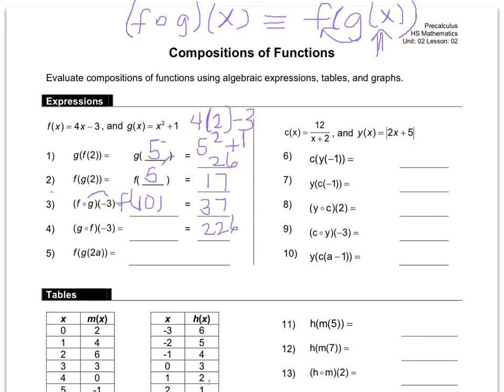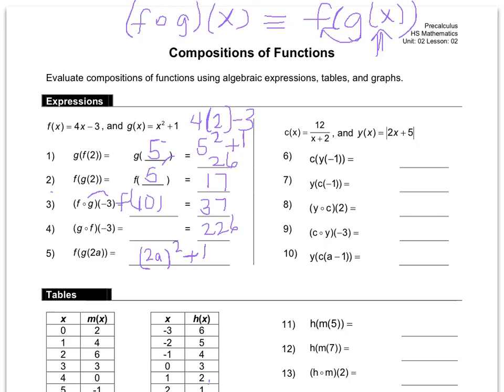With problem number 5, we are substituting not just a value, but the expression 2a. So in the function g, wherever we see x, we change it to 2a. This becomes 2a squared, remember the squared is outside the parentheses, plus 1. Then we apply this to function f.